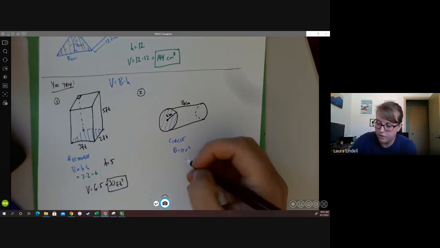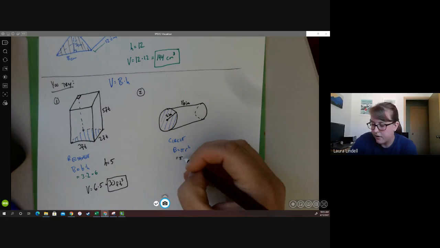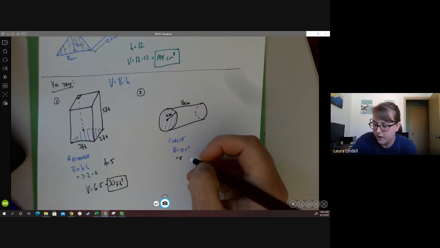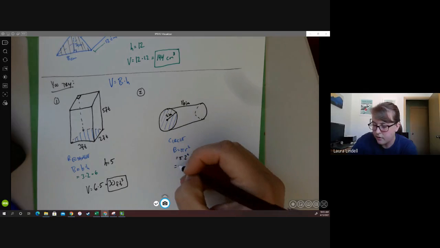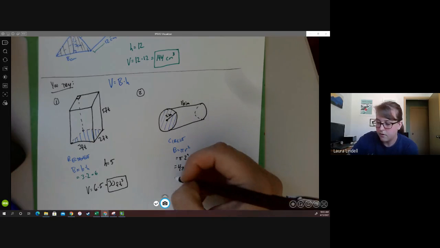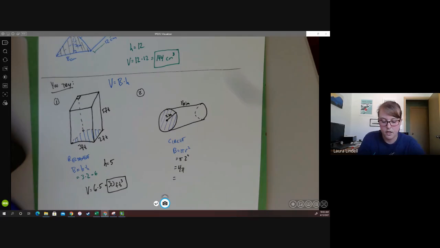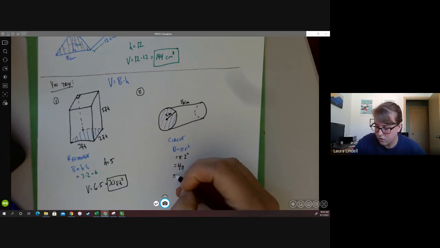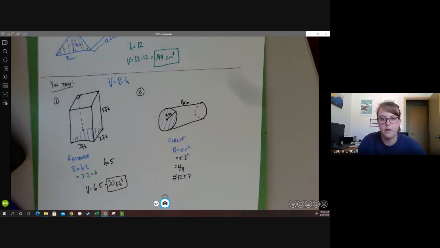And then on the circle, if you chose the radius to be 2, this measurement right here, you're on the right track. And then approximately 12.57 there would be the area of that circle.